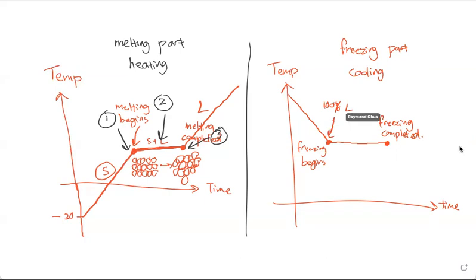This point is 100% solid. So in between, you have liquid plus solid. Why? Because this disorderly arrangement of the liquid has now cooled down and it forms back the orderly and uniform arrangement of the solid.